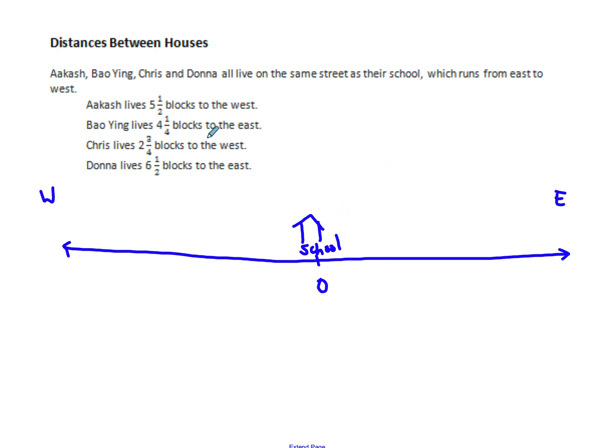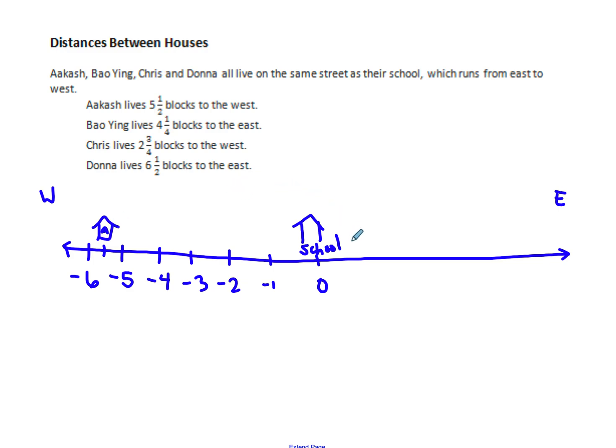Okay, so Akash lives 5 1/2 blocks to the west. Really these are like negatives on our number line. So 5 1/2 blocks to the west would be right here. So this is Akash's house. I'm just going to write an A in it.